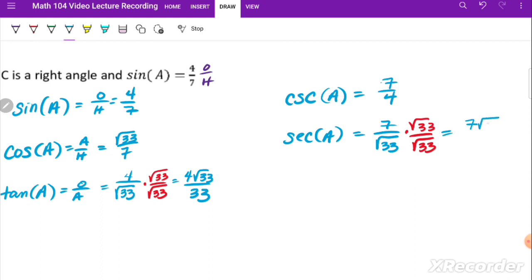We'll get 7 square root of 33 over 33. And then lastly, cotangent of angle A. Now, tangent we already rationalized, so remember when you do the reciprocal, you want to grab what you had before you rationalized and do the reciprocal of that. That way you won't have to rationalize another time here. We get the square root of 33 over 4.